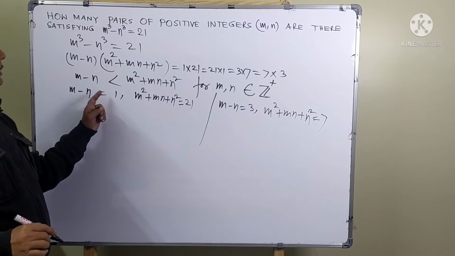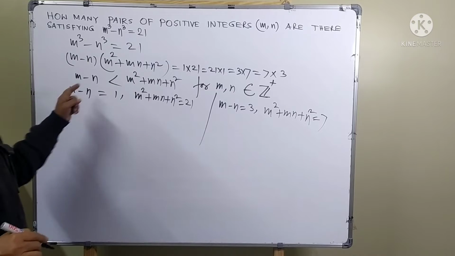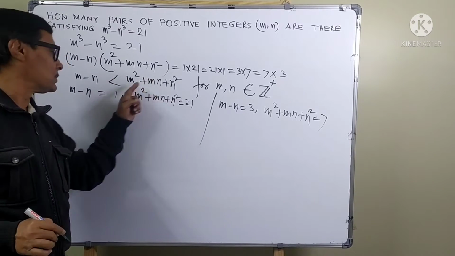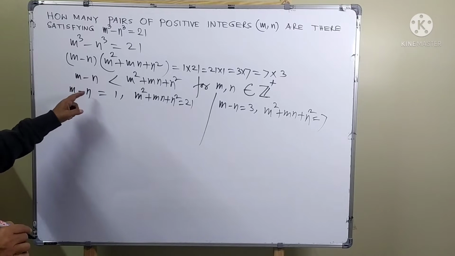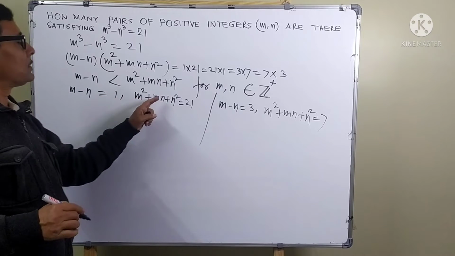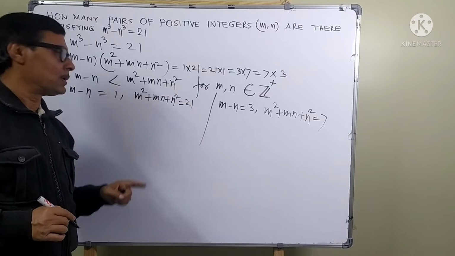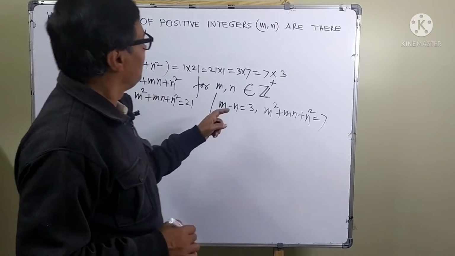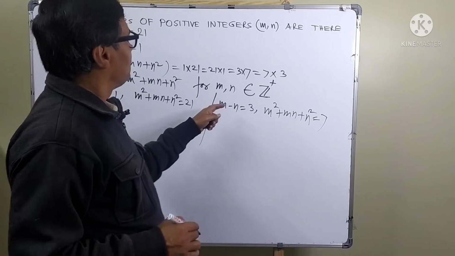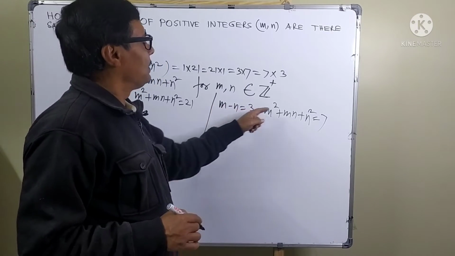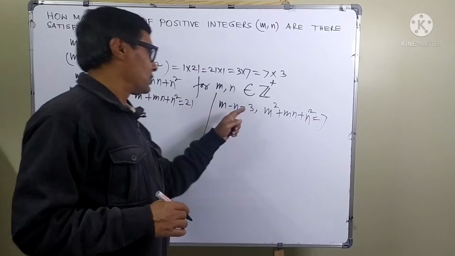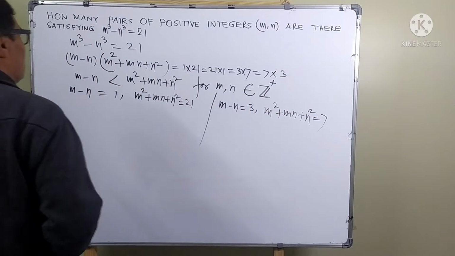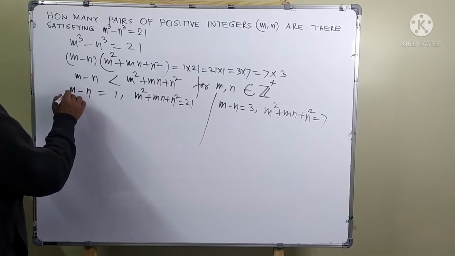We have chosen this because m minus n is less than m square plus mn plus n square. So, if we choose m minus n equal to 1, then obviously m square plus mn plus n square is equal to 21, and 1 is less than 21. And here also we have chosen m minus n as 3 and this as 7 because 3 is less than 7.